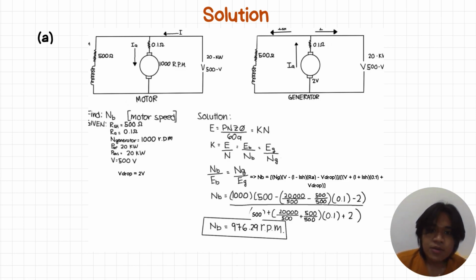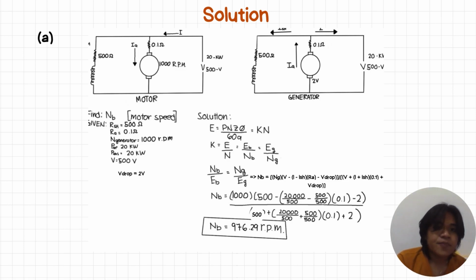Okay, so we now use the figure. The first figure is a motor, the second figure is a generator, similar to before. But now we will be finding the motor speed given a voltage drop.